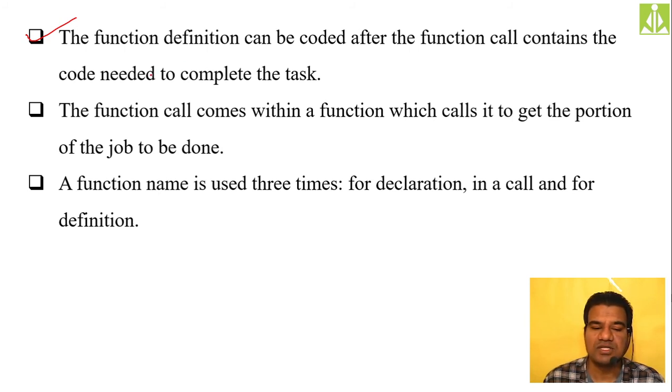The function call can be done within the main function or within some other function. The function call comes within a function which calls it to get the portion of the job done. To accomplish the task we need to call the function.